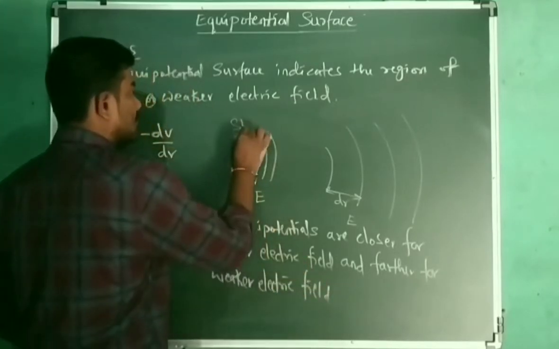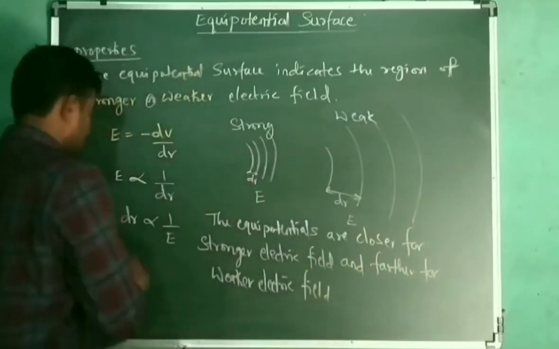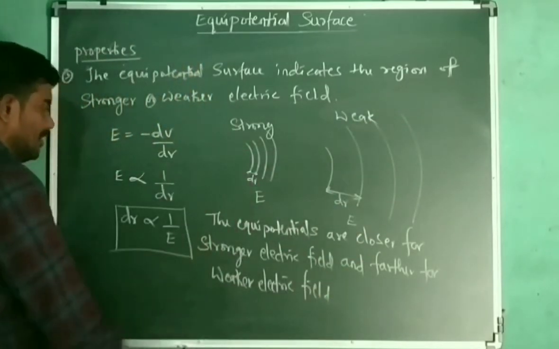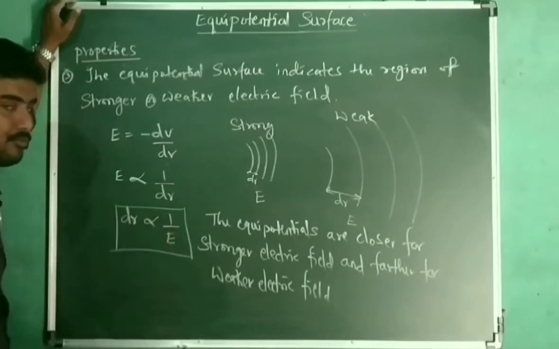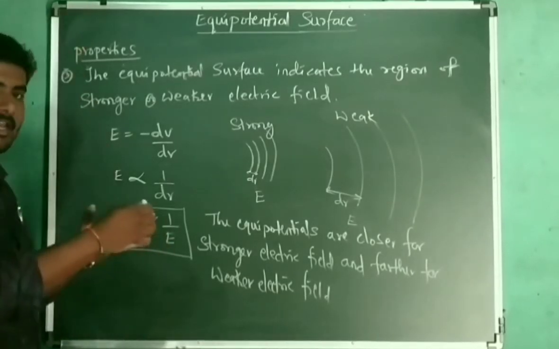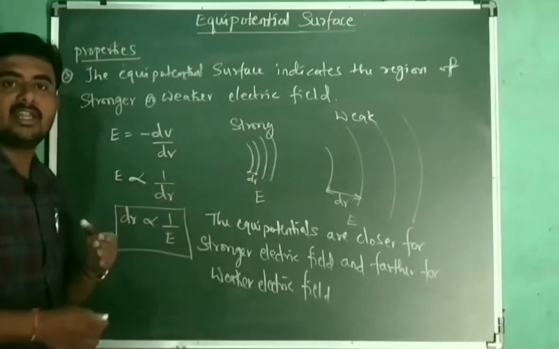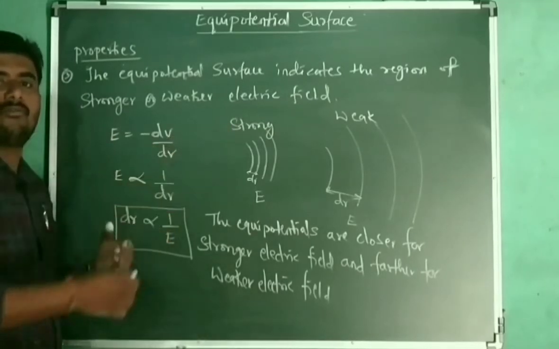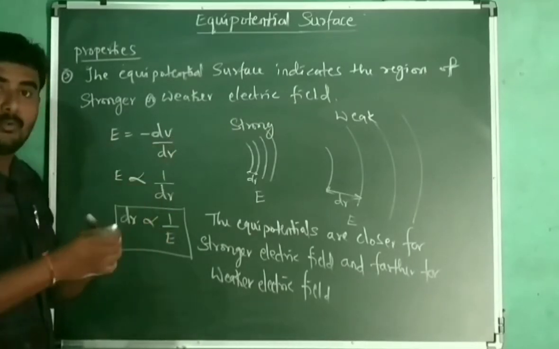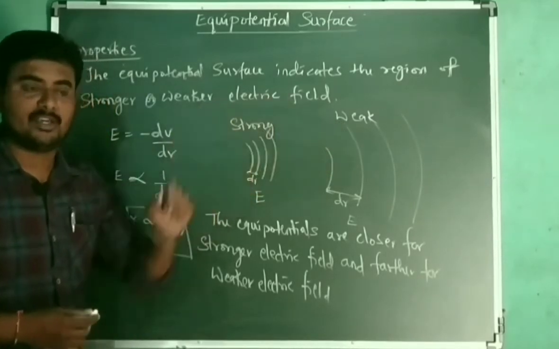So therefore this is strong and this is weak. This is also a very important property. So dr is inversely proportional to E. If the equipotentials are very close to each other, then the electric field is said to be strong. If the gap between equipotentials is more, then the electric field is said to be weak.